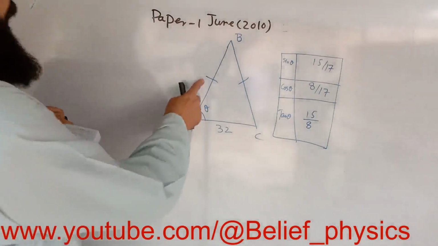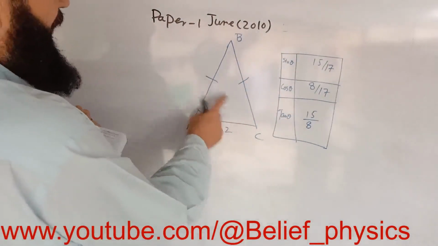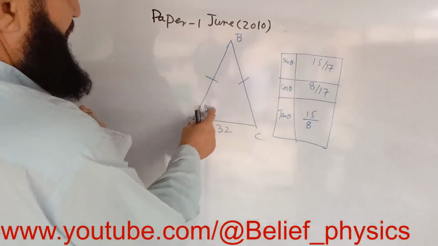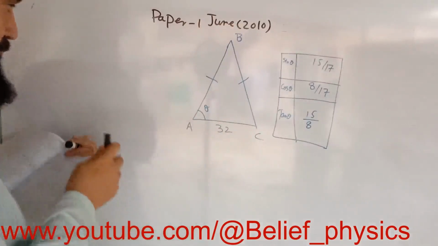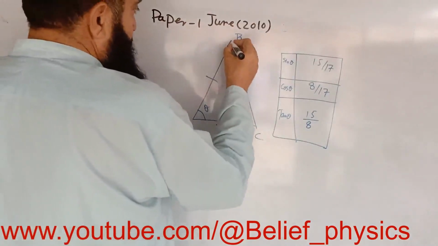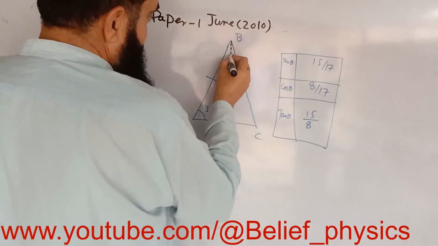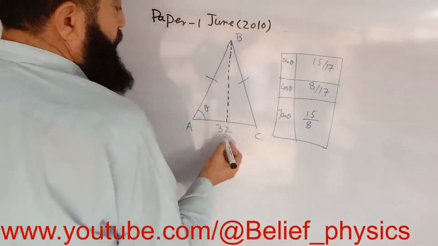This means these two sides are equal, so angles opposite to these sides are also equal. If this is theta, this is also theta. We drop a perpendicular from here. Since this is an isosceles triangle, this perpendicular will equally divide these two lengths.